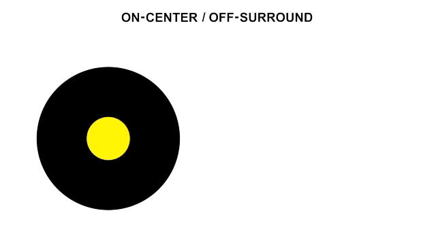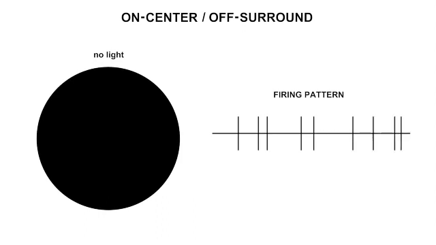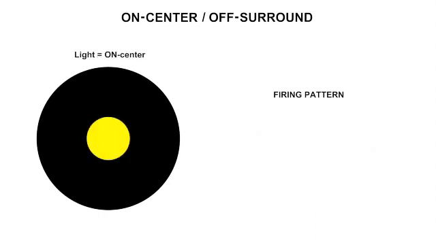These receptive fields fall into two categories: the off-center on-surround and the on-center off-surround. In RGCs with an on-center off-surround receptive field, when there is no light stimulus, the RGC fires at a baseline rate. When a light spot coincides with the on-center, the firing rate is at a maximum during the stimulus.